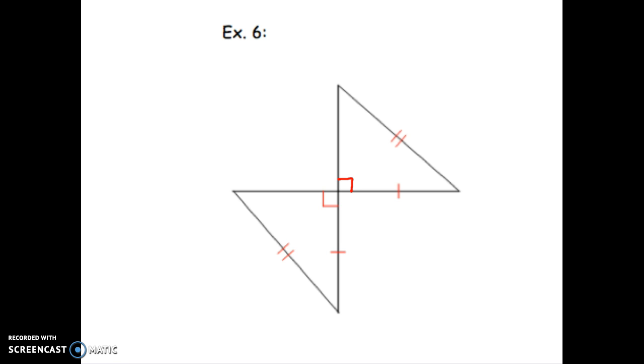So let's go ahead and check and see if this meets the requirements for hypotenuse leg. So here's our hypotenuse for this triangle, and here's the hypotenuse for this triangle. We are told that the 2 hypotenuses are congruent. They're corresponding congruent. And we also see that we have a corresponding congruent leg. So it is safe to say that this theorem is hypotenuse leg.